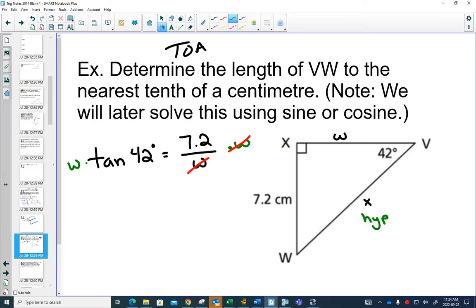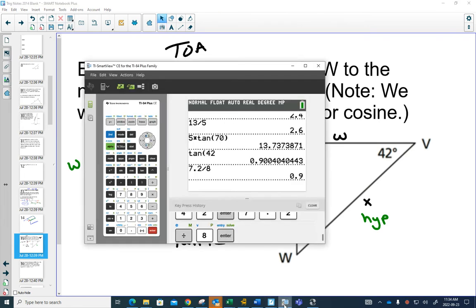Now, on the left-hand side, do you see that I have W times tan of 42? So what's the opposite of timesing by tan of 42? Divide. W, we divide both sides by tan of 42, so I'd have 7.2 divided by tan of 42. Go to my calculator. 7.2 divided by tan of 42.